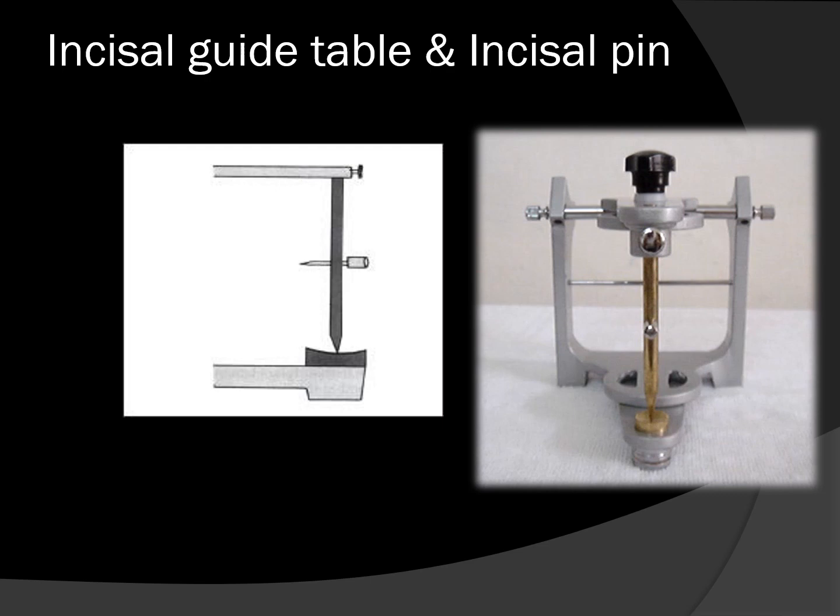And the upper flat surface of the vertical rod should always be flush with the superior surface of the upper member. So this is about the incisal pin and the anterior reference point. So these are the basic parts of a mean value articulator.